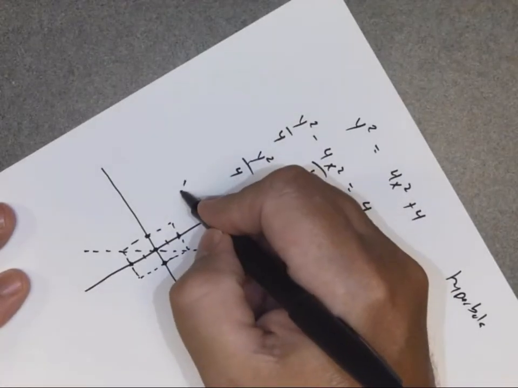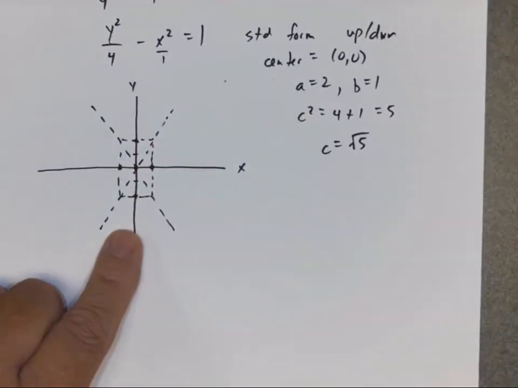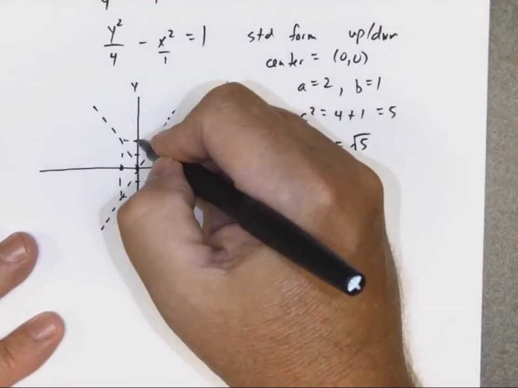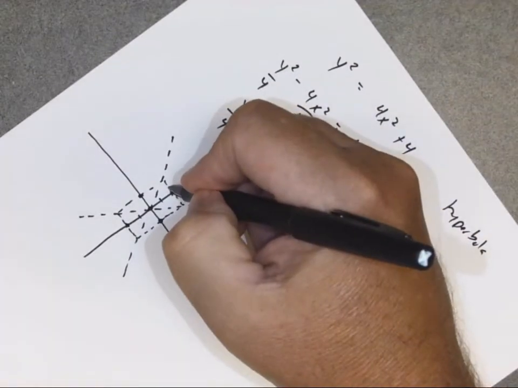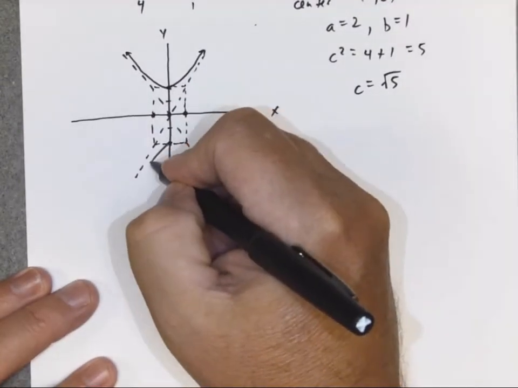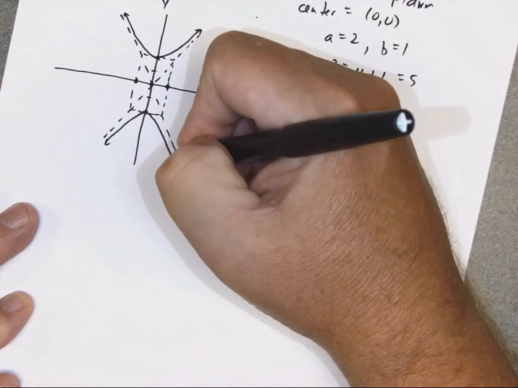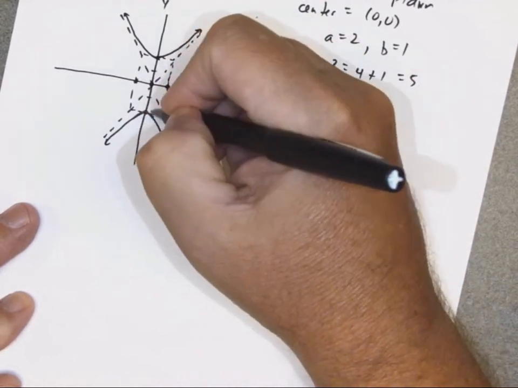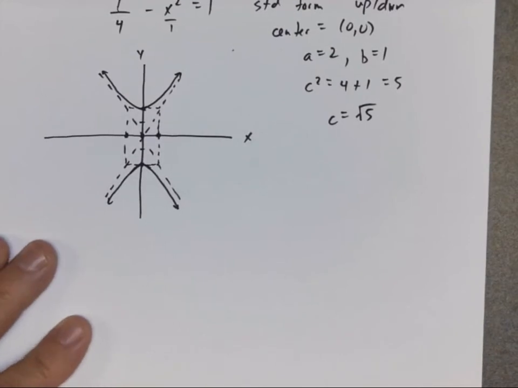Draw my asymptotes. Now remember, this is up or down, so I'm going to go like this. So it should be more round than I've drawn them sometimes. And there we go.